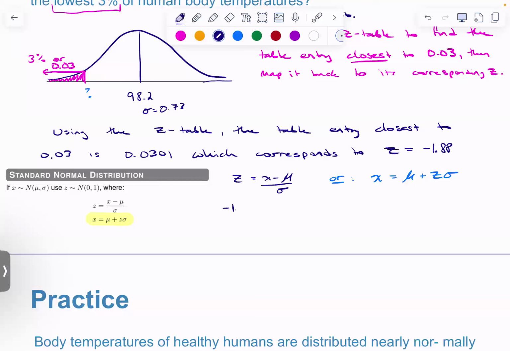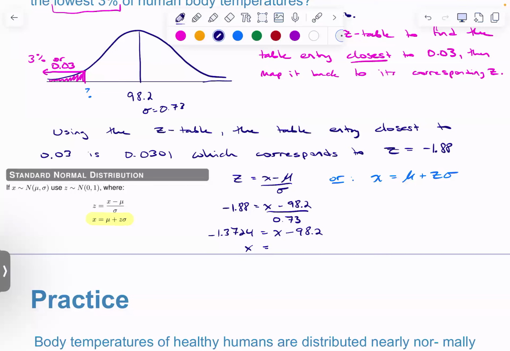But now our Z is negative 1.88, and I'm trying to solve it for X. Mu is 98.2 and sigma was 0.73. So now if I take my negative 1.88 times 0.73, I get negative 1.3724 is X minus 98.2.